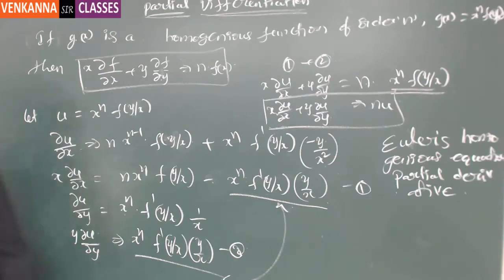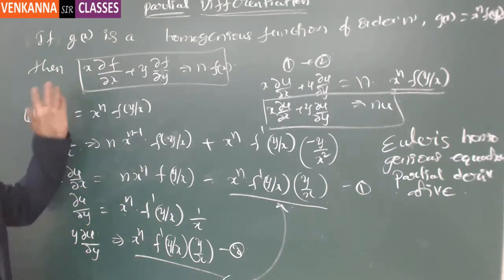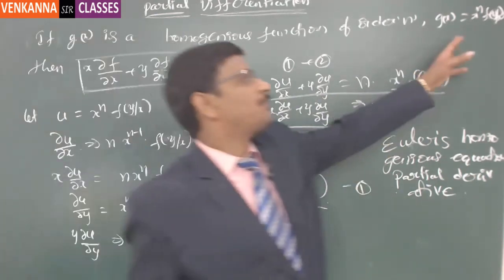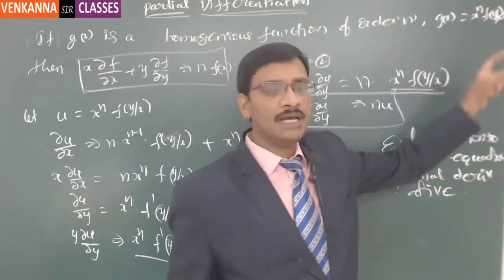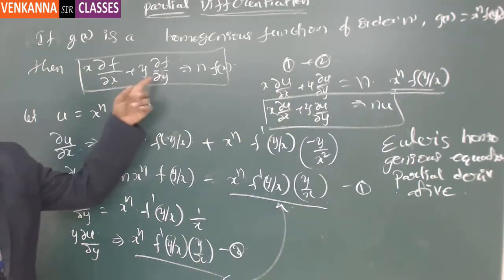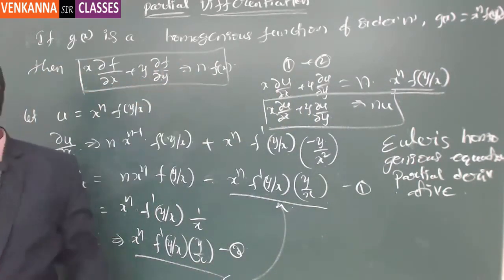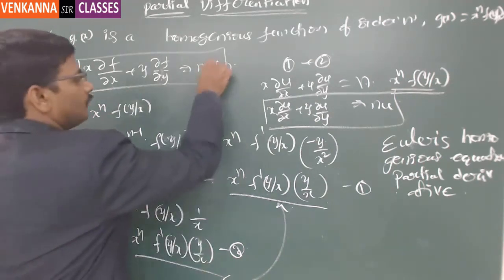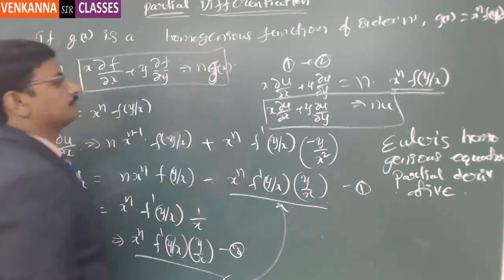So Ravindra, the question is, if g of x is a homogeneous function which can be expressed as x^n into f of y/x, then prove that x into ∂f/∂x plus y into ∂f/∂y is equal to n times g of x.